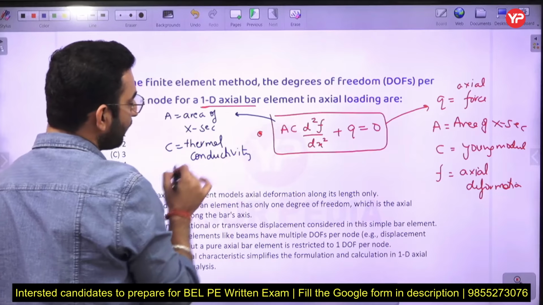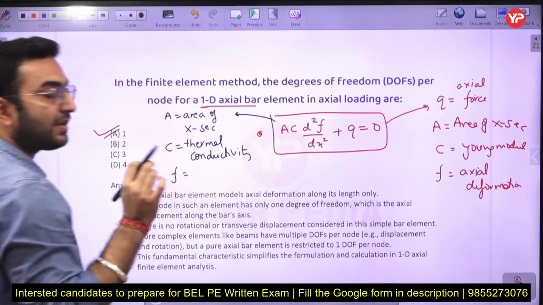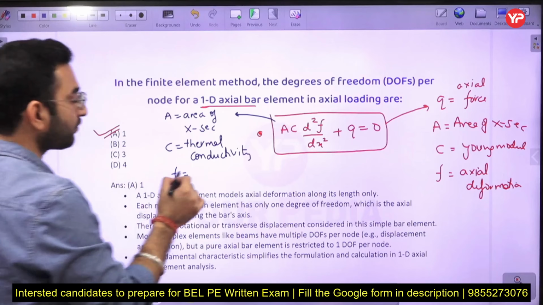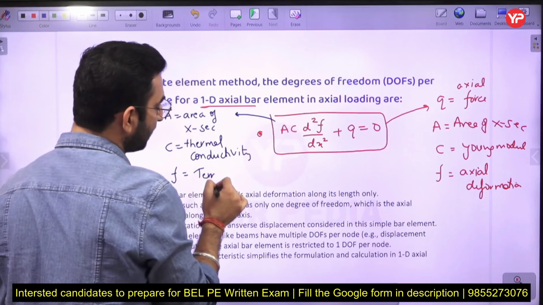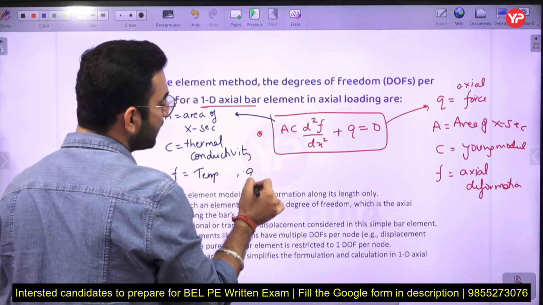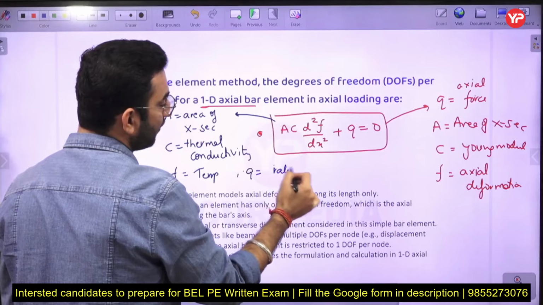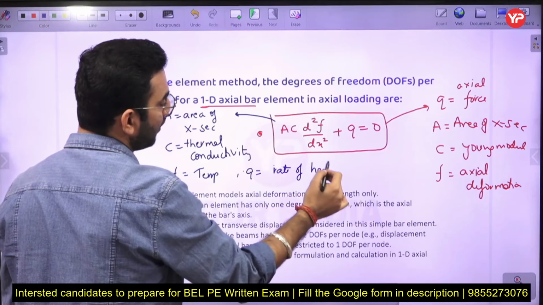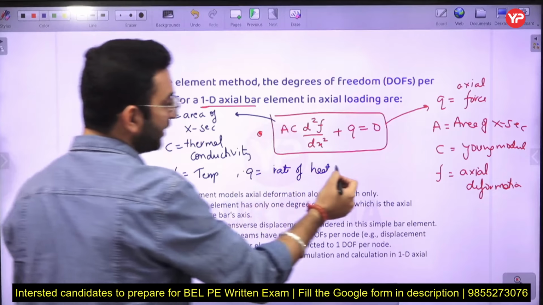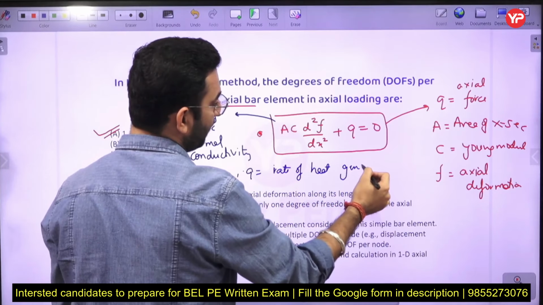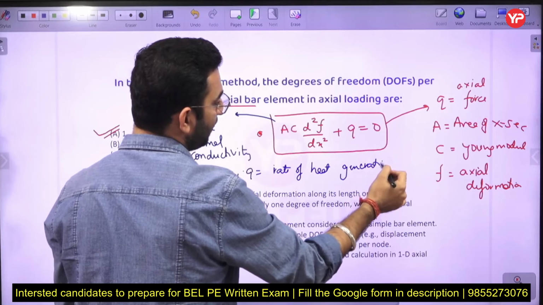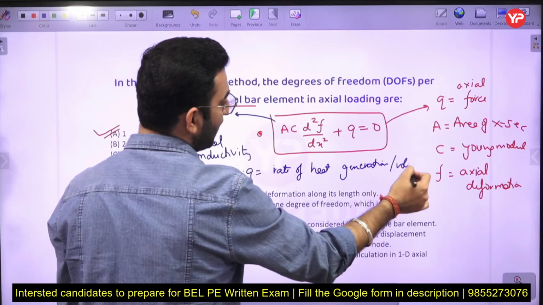Next, what will F represent here? F will represent the temperature. And correspondingly Q represents the rate of heat generation per unit volume which is taking place inside the body.